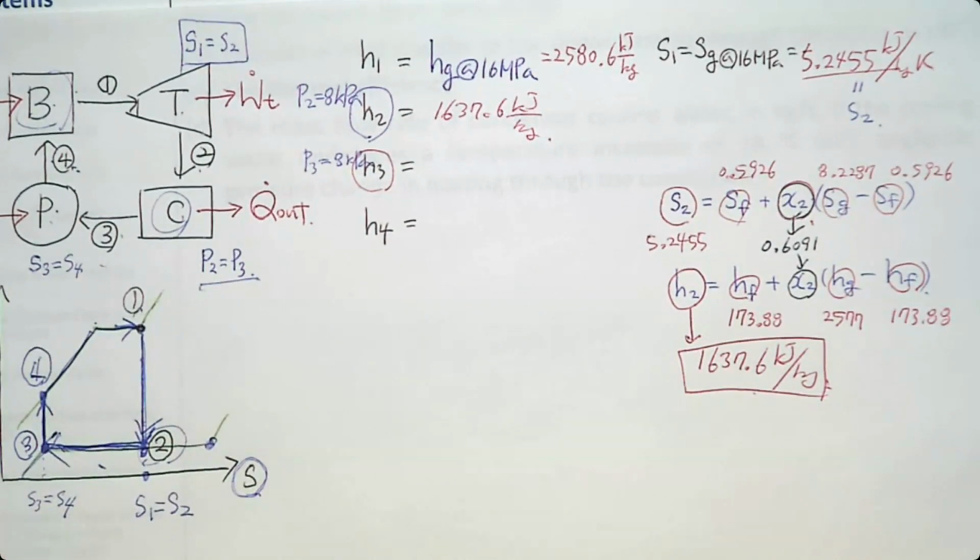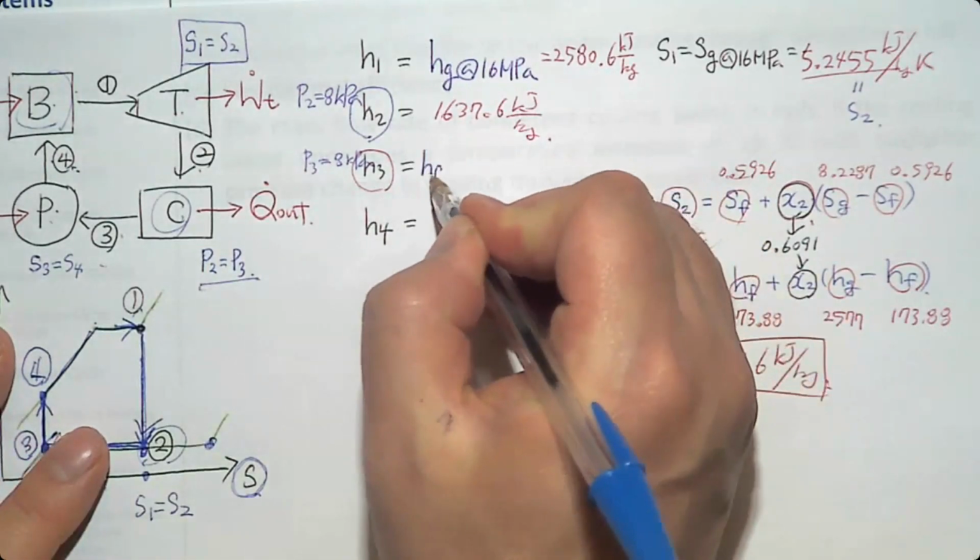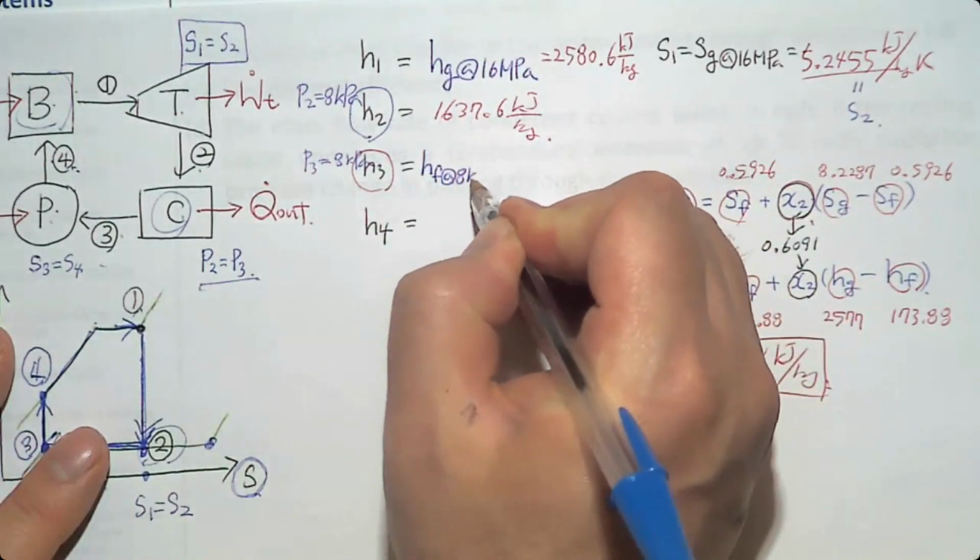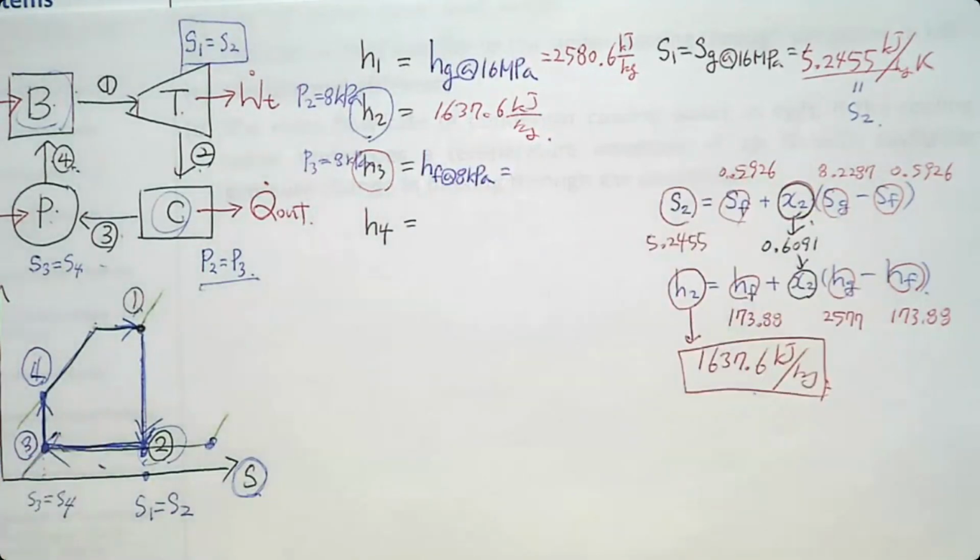Now, H3. What is the phase change process of this number 3? Saturated liquid. Can you determine saturated liquid at 8 kilopascal? Yes. It's going to be Hf at 8 kilopascal. Oh, wait, I think we already found that.